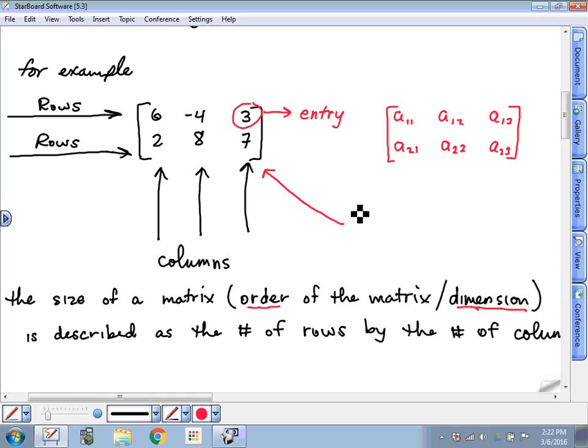So for this particular matrix, it would be described as a 2 by 3. That's a 2 by 3 matrix. 2 rows, 3 columns. As far as basics of a matrix, that's about all you need to know. How to identify rows, columns, a particular entry inside of a matrix, and how to describe the size of a matrix.